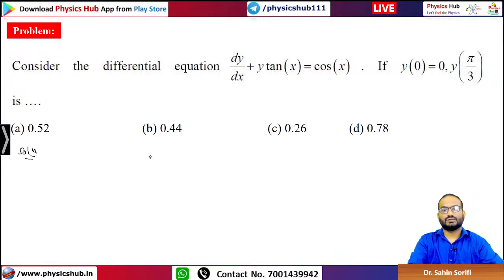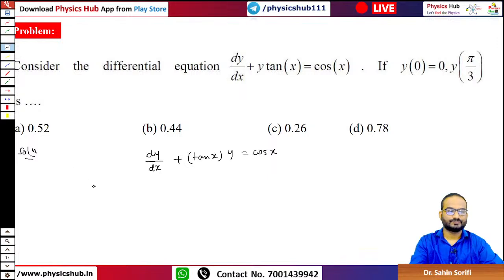Your first task would be to put it in the conventional form. So dy dx plus tan x times y is equal to cos x. So p is equal to tan x, right?